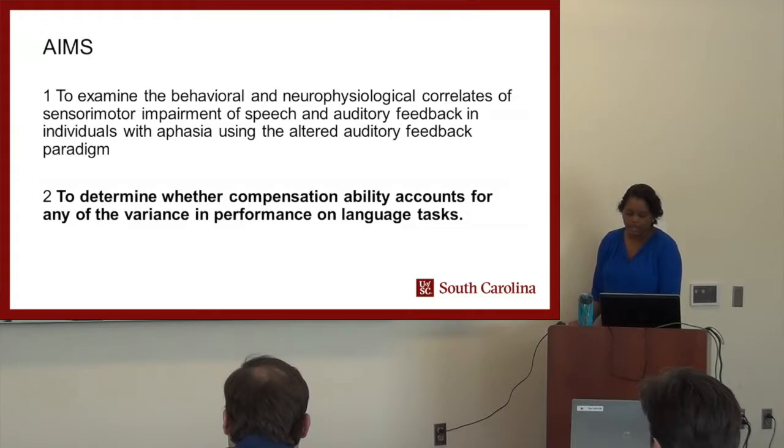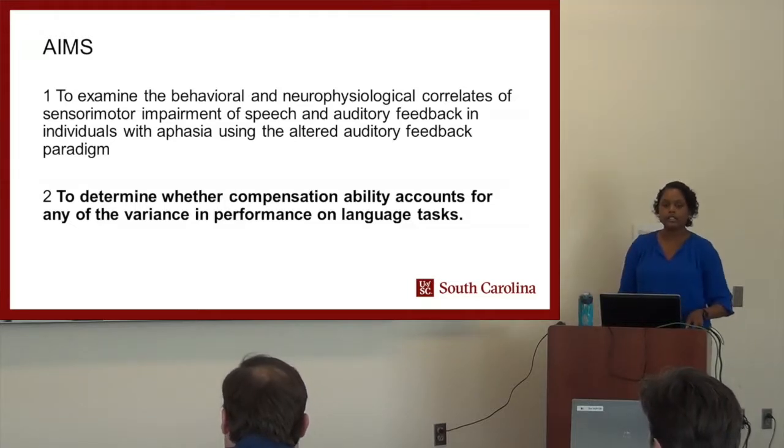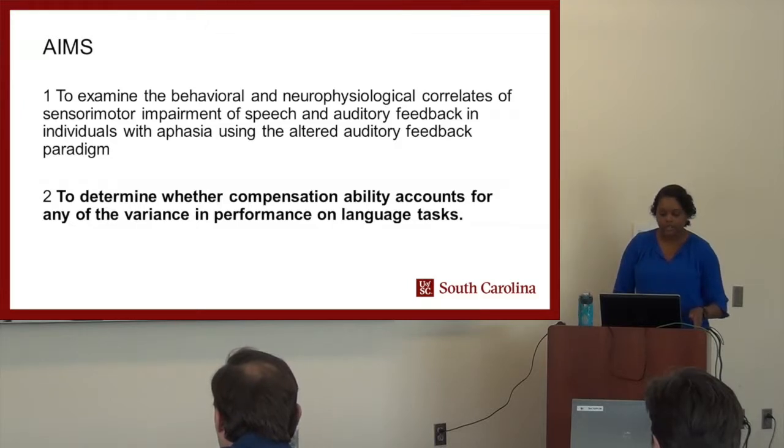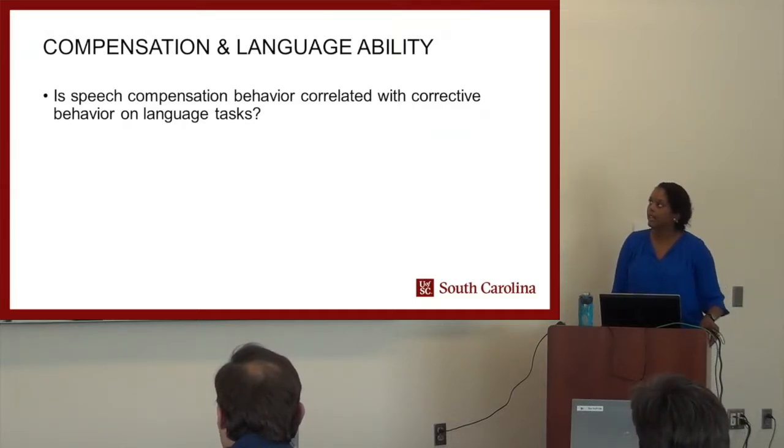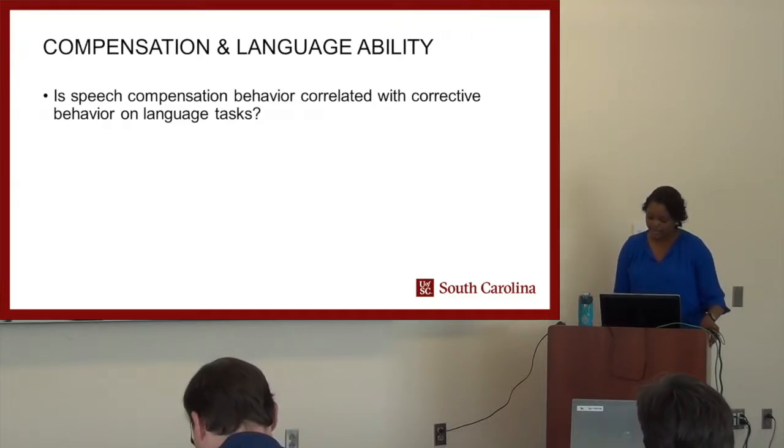So our second aim, again, was trying to connect this sort of basic function with performance on a higher level language task. So our first question was whether speech compensation in response to AAF correlates with corrective behavior on a naming task.